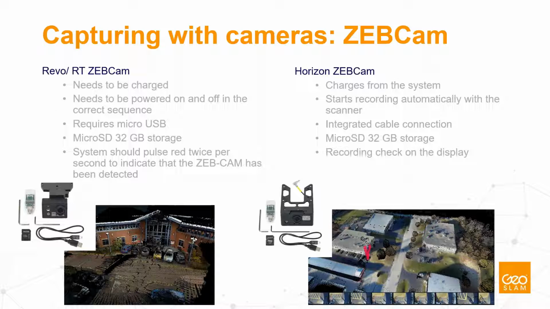But the recording display is also open, so it allows you to see if the recording is working correctly, but also the field of view of the camera, how much it captures. So the scanner's field of view is 360 degrees by 270 degrees, while the camera has a wide field of view of 170 degrees horizontally.